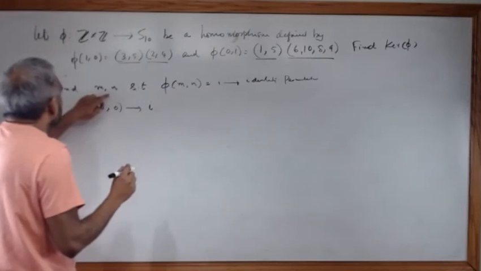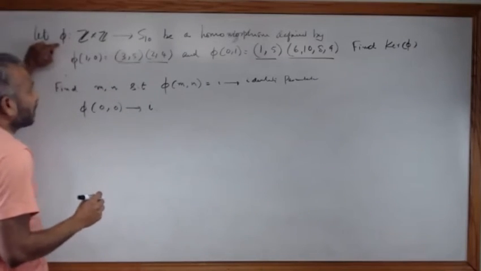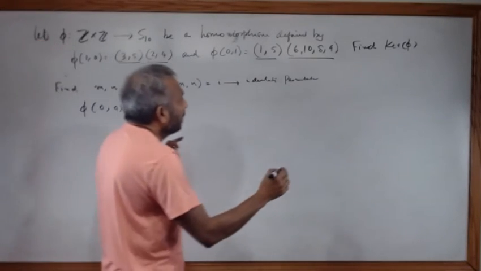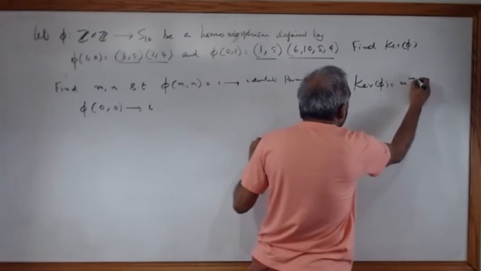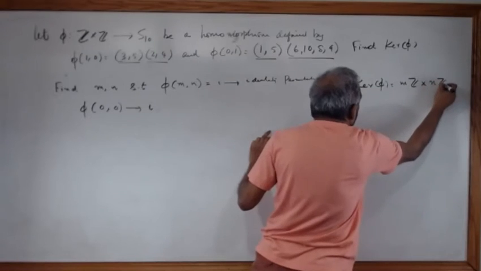If we can find this m and n, then our answer will be that the kernel of phi will be mC cross nC.